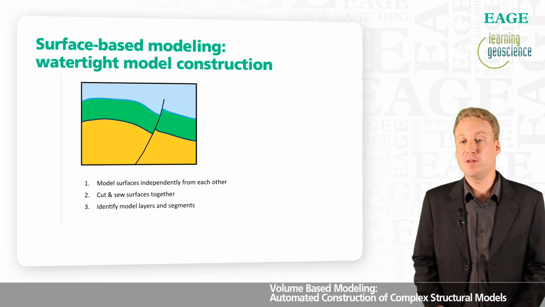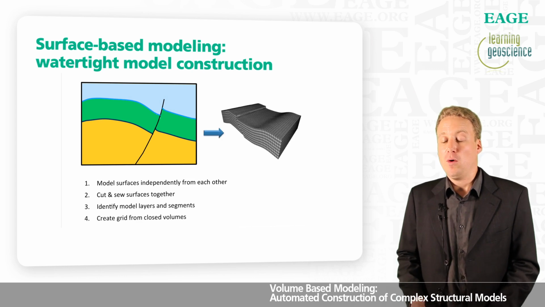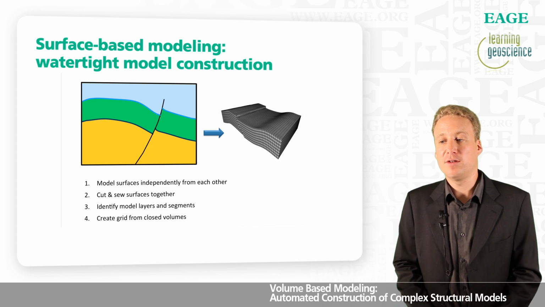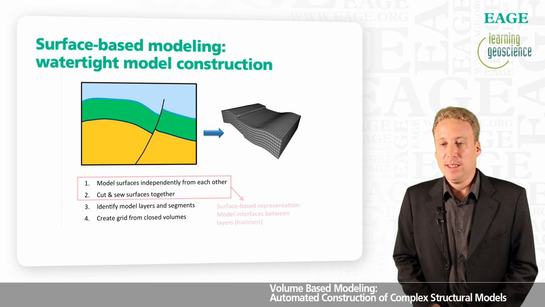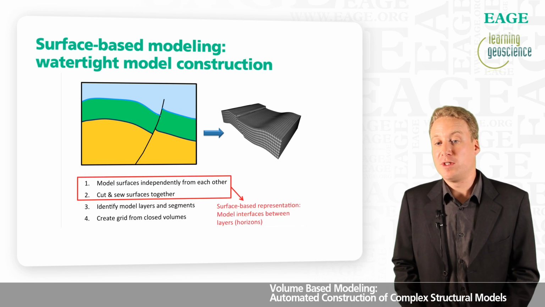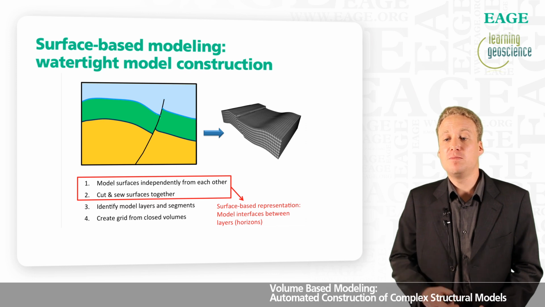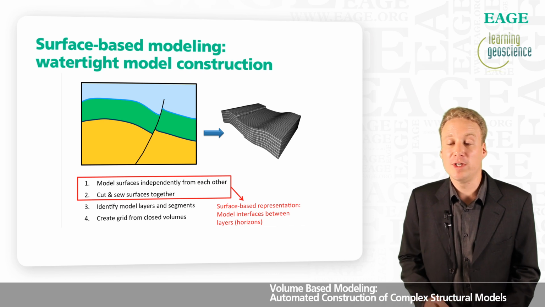And then the boundary representation can be built and the regions can be identified. When all these subvolumes have been properly identified, they are used to create typically reservoir grids. That's called a surface-based representation because what is modeled is really the interfaces between the layers and not the layers themselves. So we model horizons.